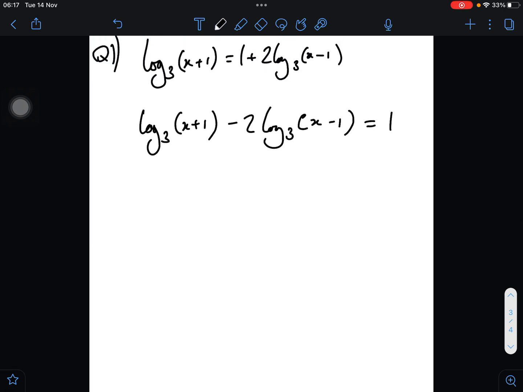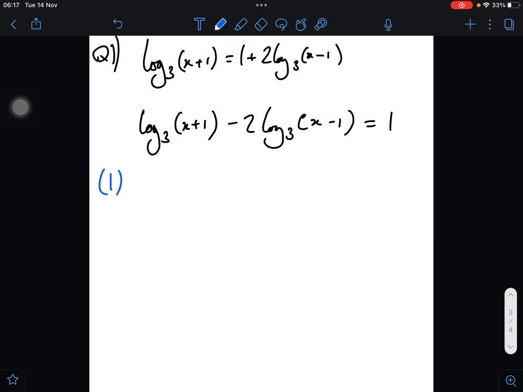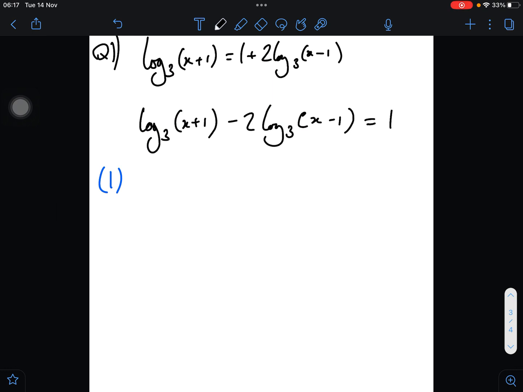And the only way that we can use our rule 1 here is if this is inside our bracket. Can't have a number outside the bracket. So let's do that then. So we would have log 3 of x plus 1 minus log 3 of x minus 1 squared equals 1.